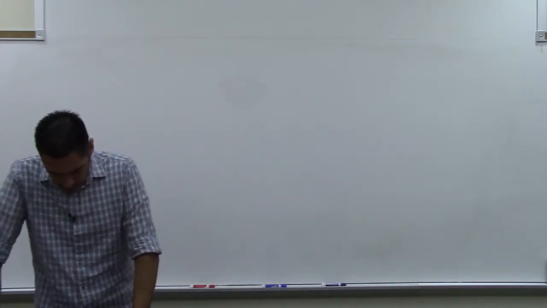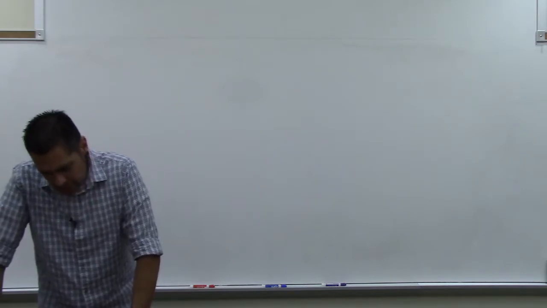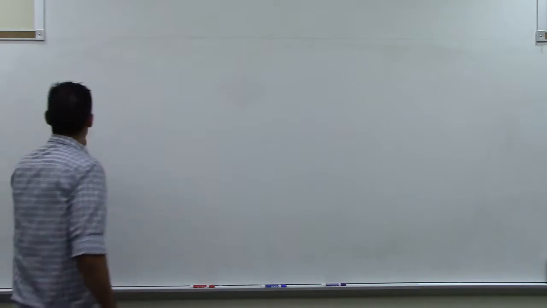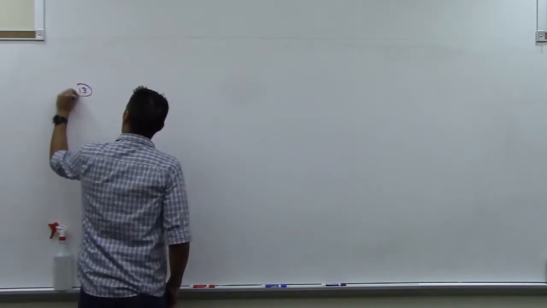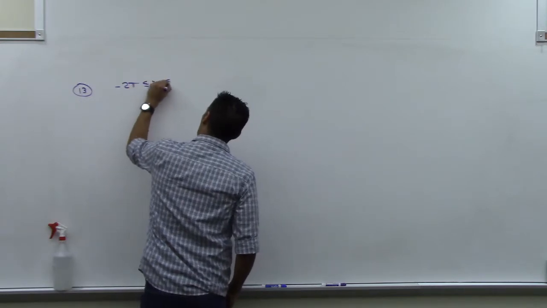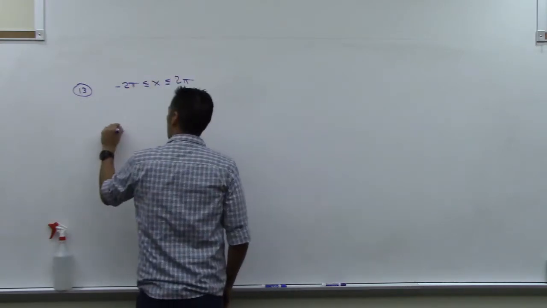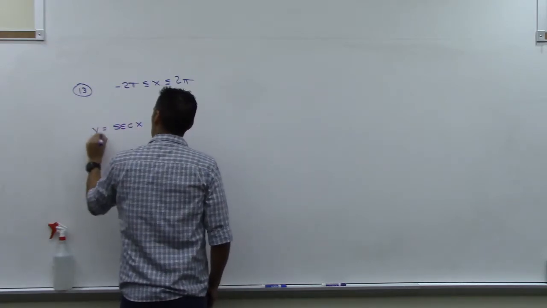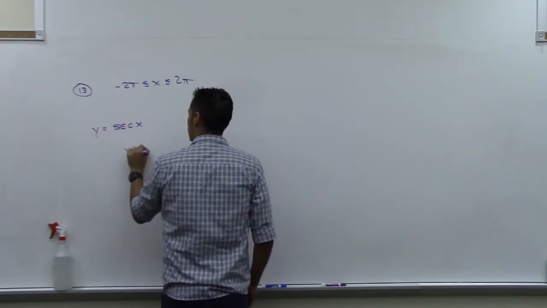All right, for what values between negative 2 pi and 2 pi does the graph secant x have vertical asymptotes? So we're only again looking between negative 2 pi and 2 pi. It wants to know where secant x has vertical asymptotes?